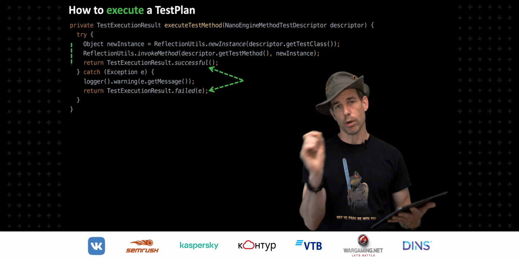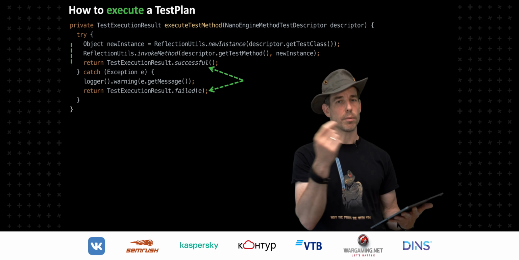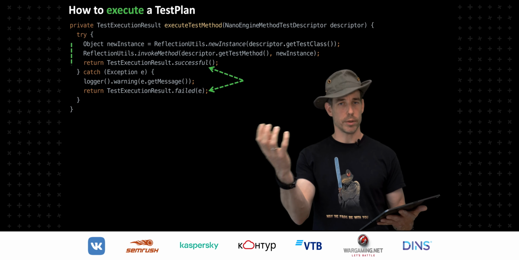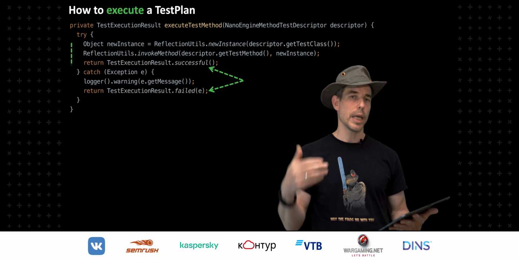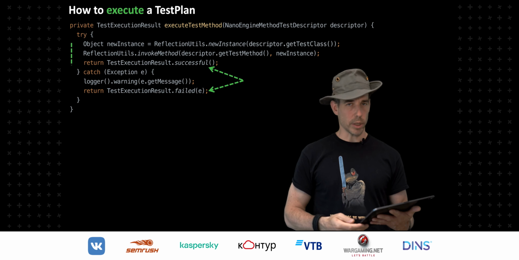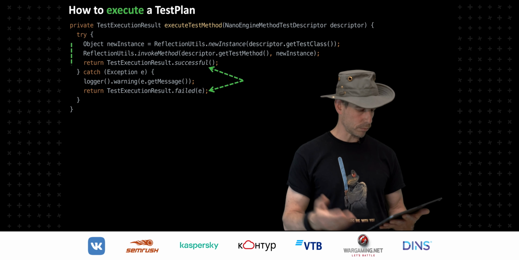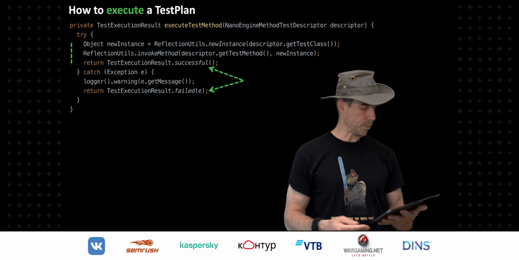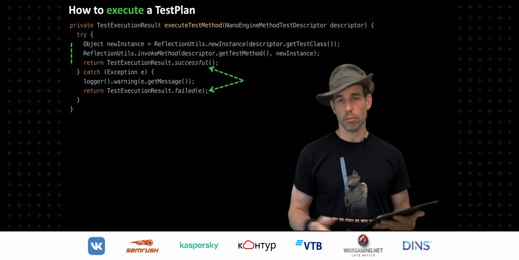And if you have params, you have to make sure that you're creating the parameter instance by yourself, or just getting it by CDI or whatever, and using this for the invocation of the method as well. If everything is good, successful is the return. If it is bad, failed is the result. That's it.